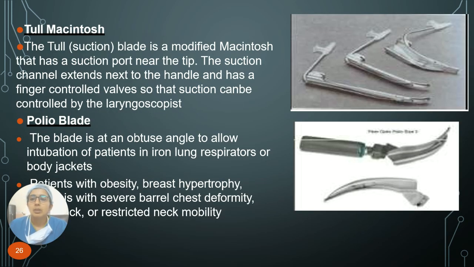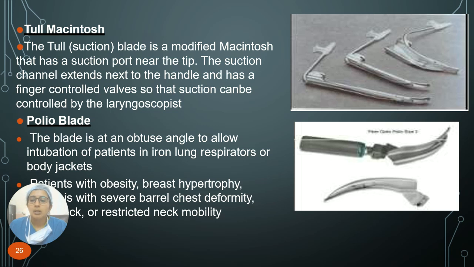Then there is a modified Macintosh that has a suction port near the tip. The suction channel extends next to the handle and has a longer control valve so that suction can be controlled by the laryngoscopist.